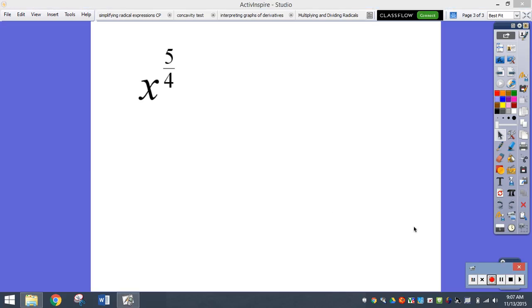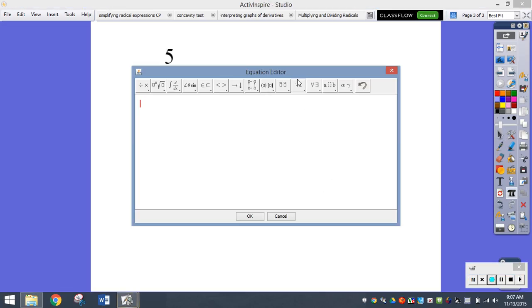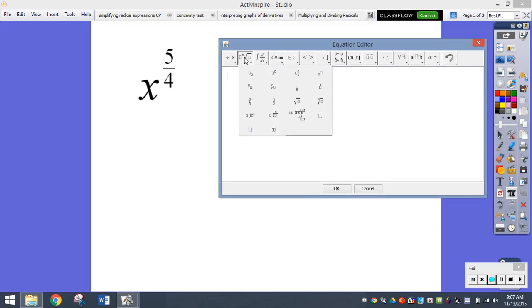Now, let's pretend that the directions say convert from exponential form to radical form. It's the same phrase, denominator root, numerator exponent. If I'm converting to radical form, I need a radical. The denominator is the root. So the denominator here is 4, so my root will be 4.